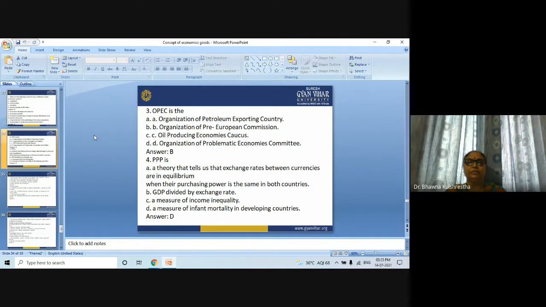And next option is GDP divided by exchange rate, a measure of income inequality, and a measure of infant mortality in developing countries. The last option, a measure of infant mortality in developing countries, is the right answer of this question.